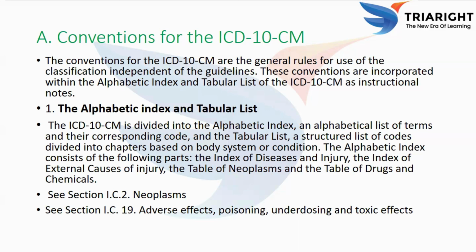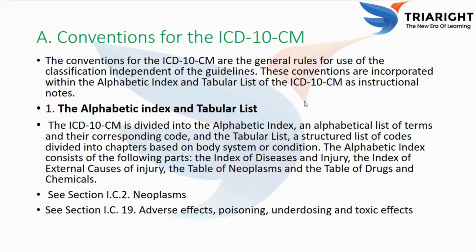You have to check the laterality and you have to use the additional code notes. So these are some of the general coding guidelines that you apply to all the chapters in ICD-10. So why do these guidelines matter? Because they ensure accurate patient records, correct insurance billing, and also consistent reporting for research and statistics.